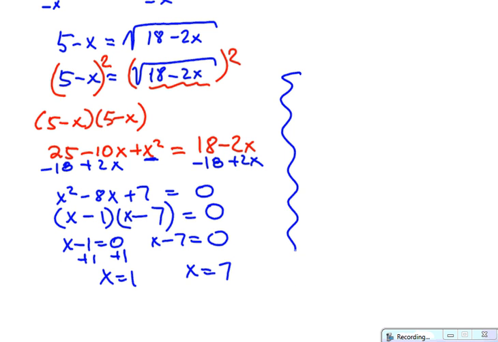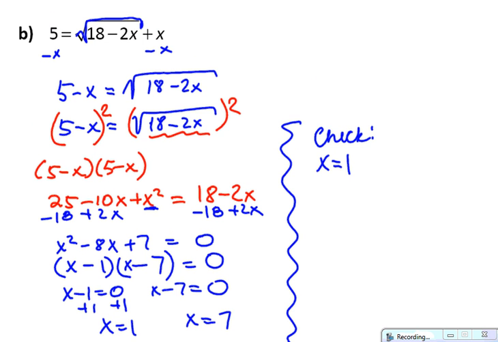Check it. And when I check the 1, so we'll check x is equal to 1, and again, I'm checking it, let's see, go back all the way up. I'm going to check it up here in the original, in case I made a mistake somewhere.